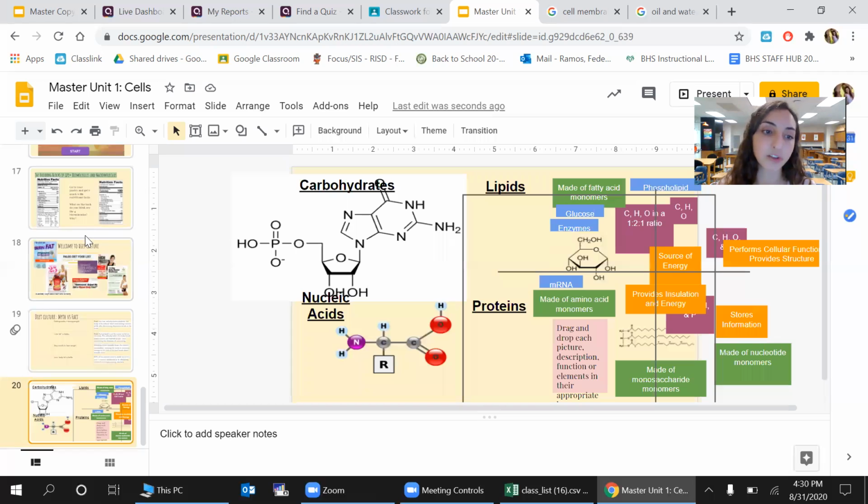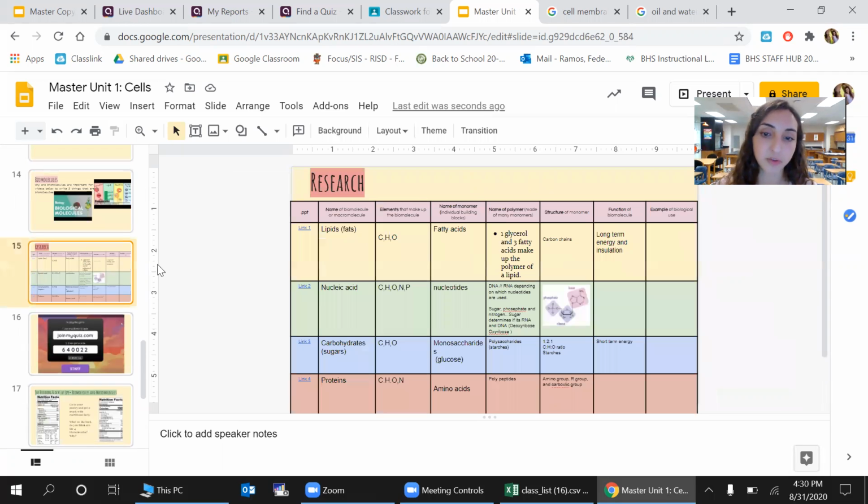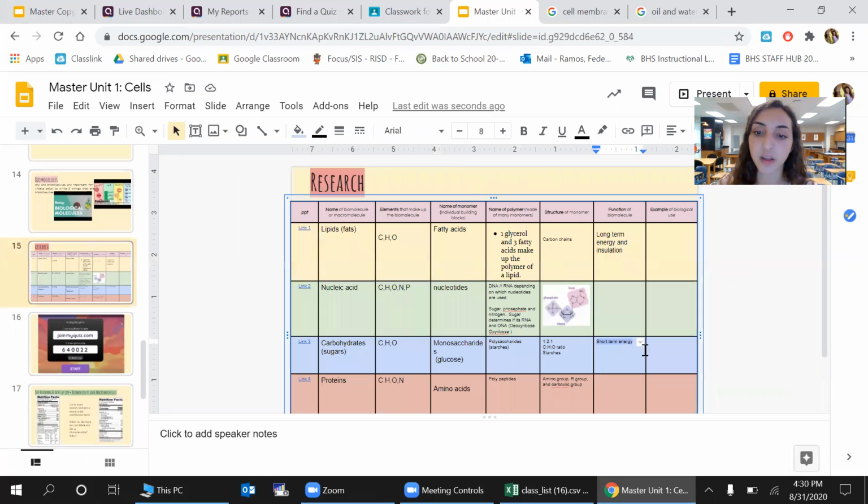When you put a bunch of those rings together, they make up a polysaccharide, also known as starches. They're used for short-term energy, not to be confused with lipids, which are long-term energy and used for insulation. You can see that in animals that are living in really cold climates.